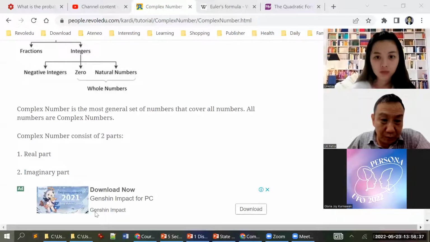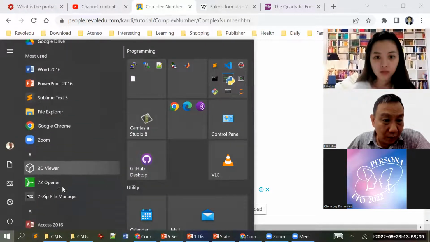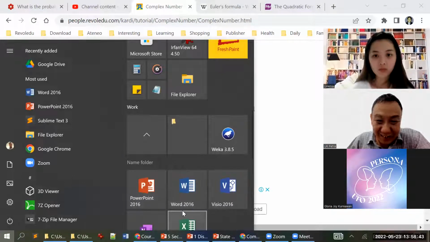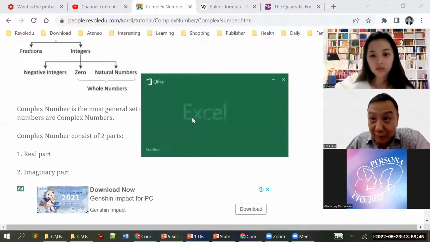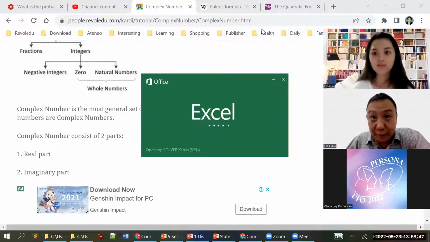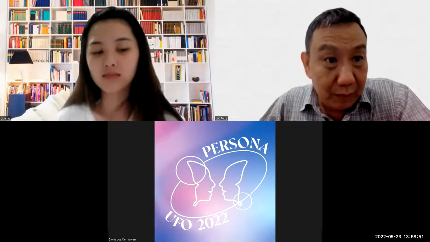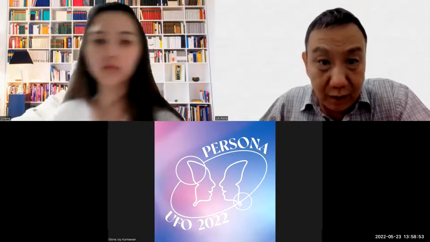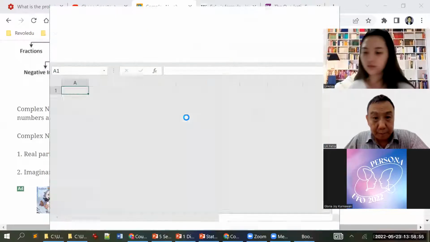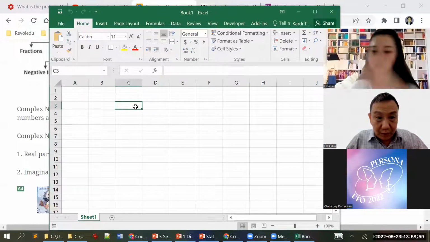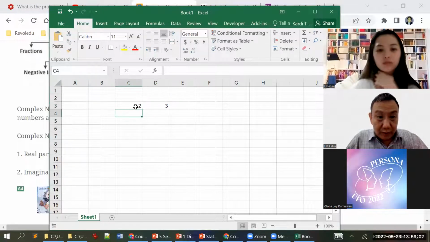If you want to know complex numbers in Excel, you love Excel, right? So I will open Excel and share my screen. I have Excel here. Say I have 2, 3.